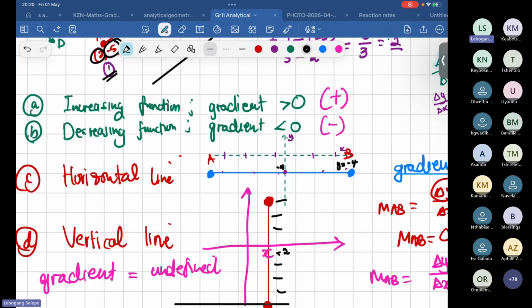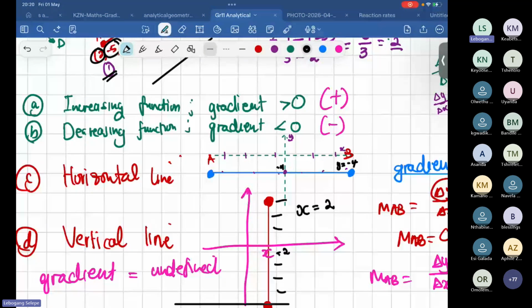How do I know? Looking at the equation, y = 4 tells me that it only has the y value 4, but the x values are changing, so it's a horizontal line. If the examiner tells you that you have the line x = 2, like this one, you know that this line is sitting only on x = 2, so it has to be a vertical line.